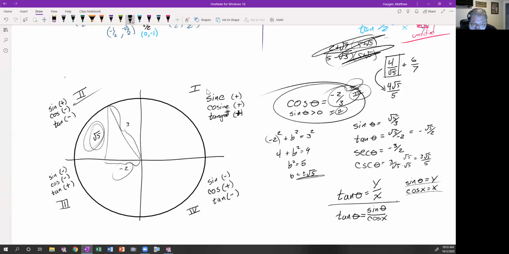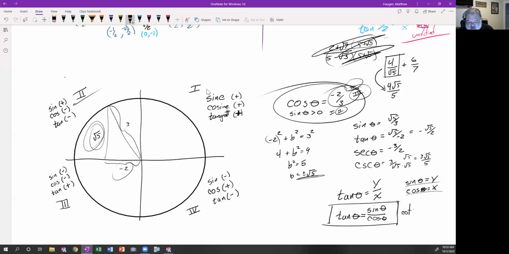Tangent of theta equals sine of theta over cosine of theta. This forms one of our first identities. It's called the quotient identity because of the division, the quotient identity for tangent.